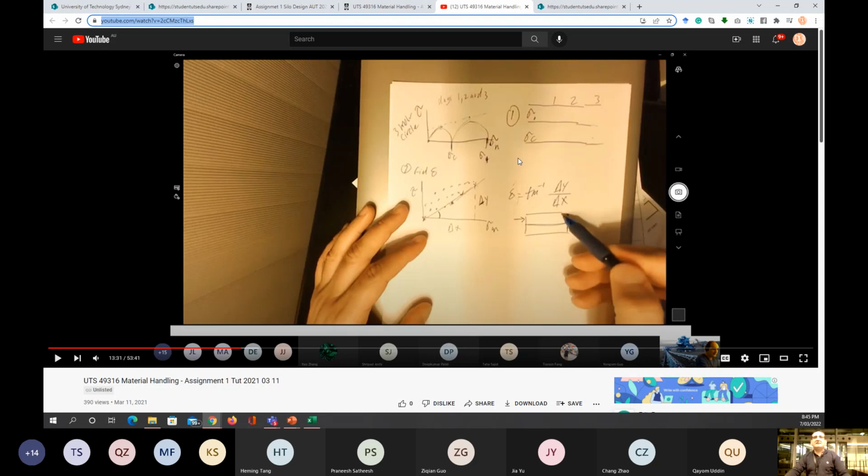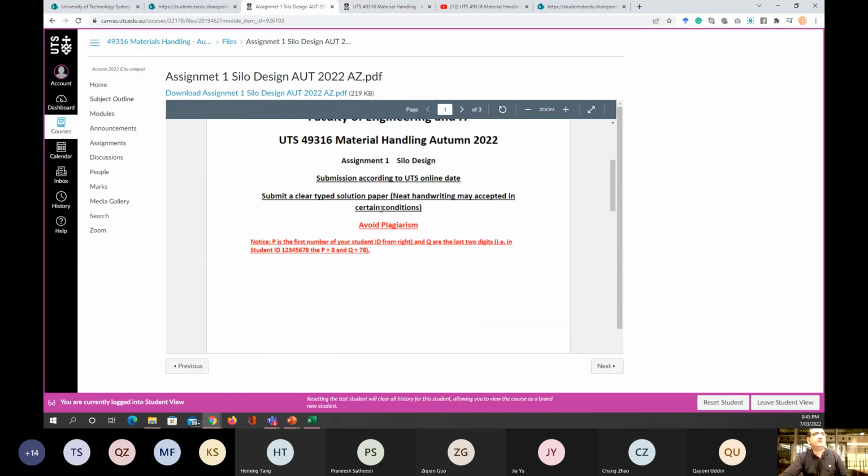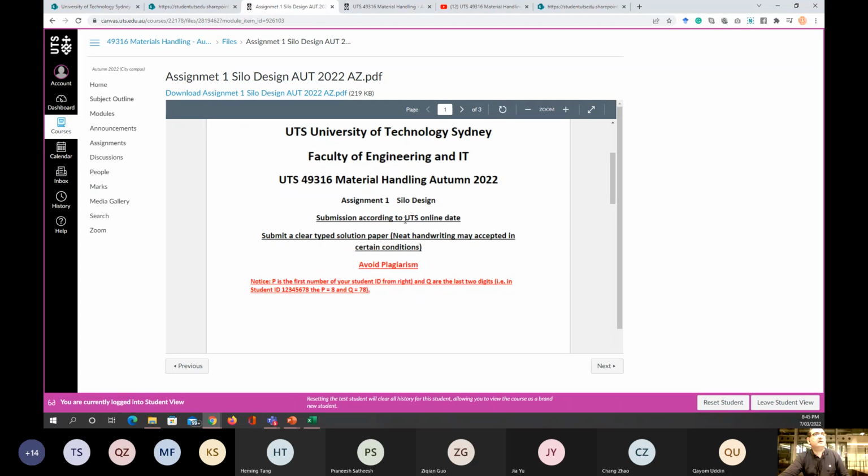For the due date, I didn't put any due date on the sheet here. I said that the submission is according to the UTS online dates, and I didn't put the dates because this will be flexible between me and you. I'm going to allow you to submit when you tell me that you are ready to submit.